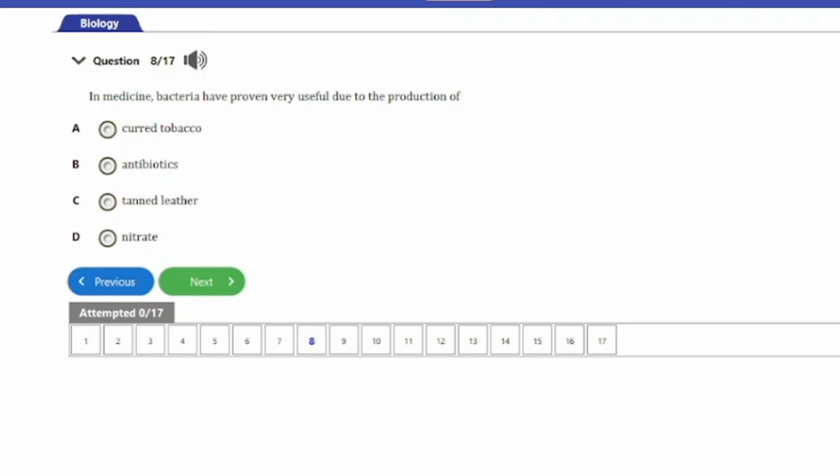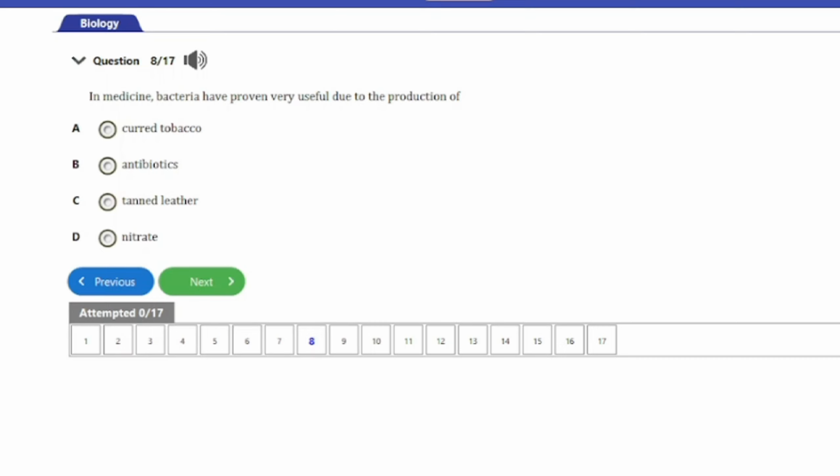Antibiotics, C. Tanned leather, and D. Nitrates. So guys, bacteria is very useful in medicine because it's actually used to produce antibiotics.